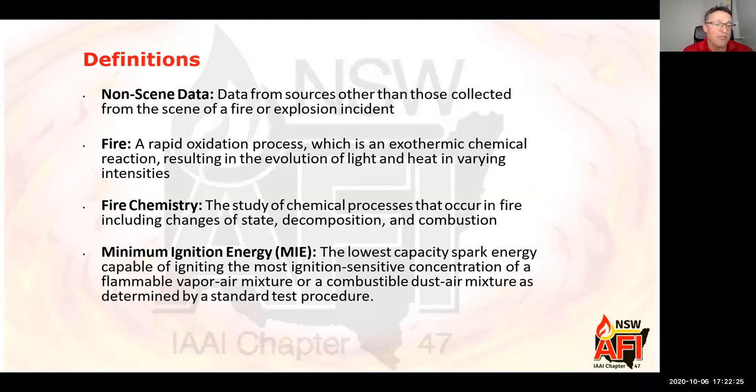So fire now has a new definition: a rapid oxidation process, which is an exothermic chemical reaction resulting in the evolution of light and heat in varying intensities. New definitions for fire chemistry, minimum ignition energy. And obviously you've got a lot of experts on the panels or the committee to update these definitions.